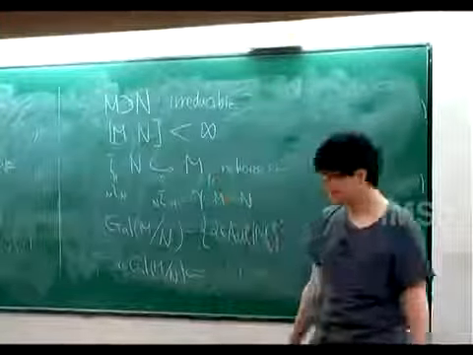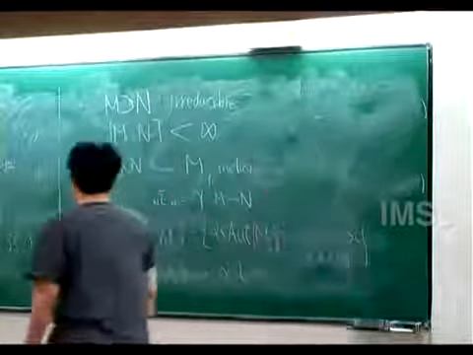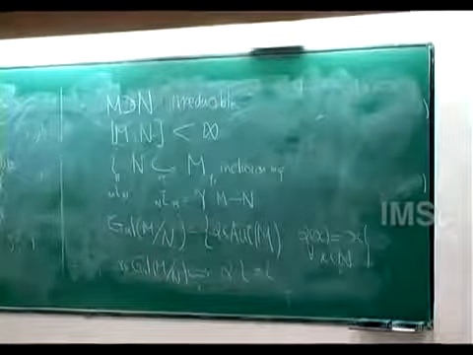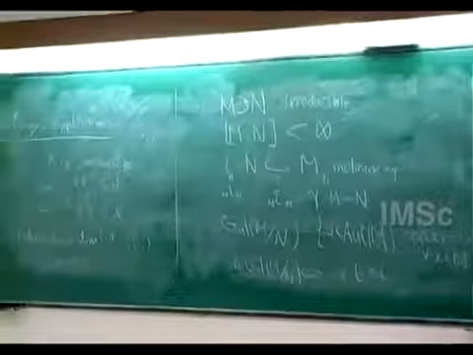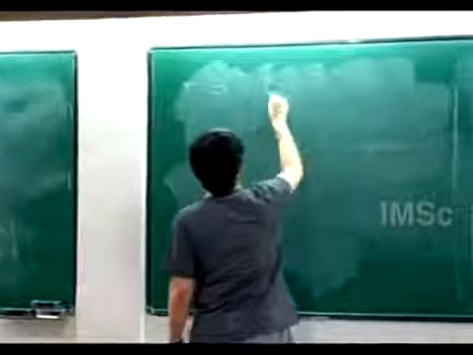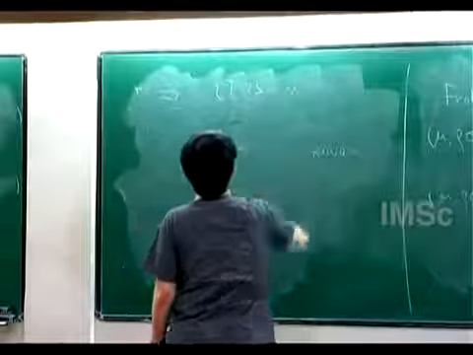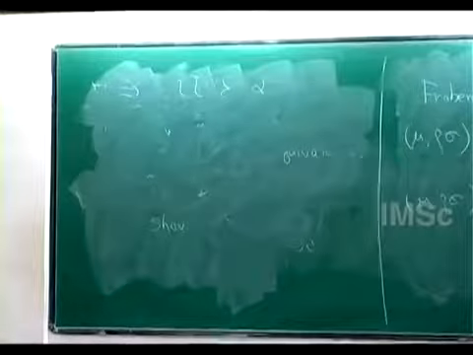So this equation holds. By Frobenius reciprocity, this implies that iota bar contains alpha. So any element in the Galois group is contained in iota bar.